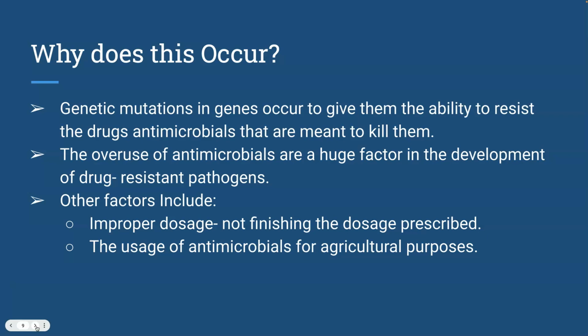One of the main drivers of antimicrobial resistance is the overuse of antimicrobials in organisms. This overuse is linked to the development of drug-resistant pathogens. Other factors include when a prescribed dosage is not fully finished, so lingering pathogens can mutate to become resistant, and the excessive use of antimicrobials in agriculture.